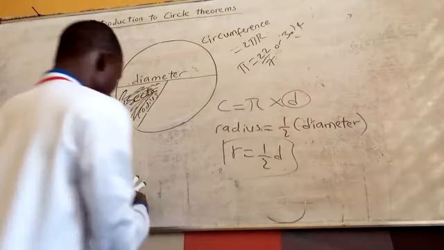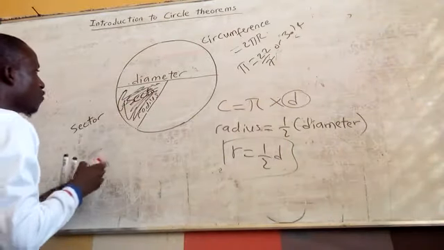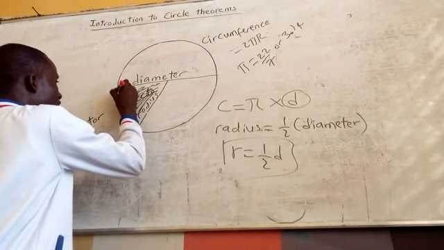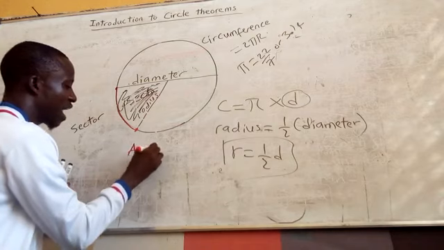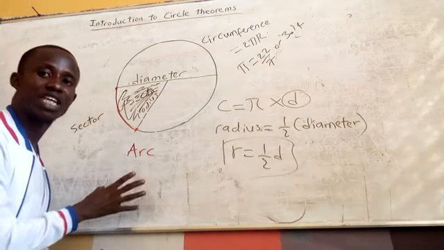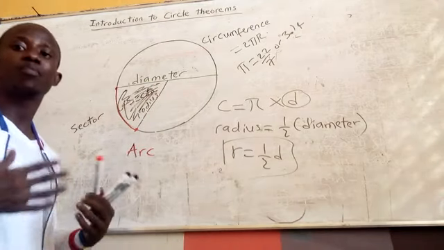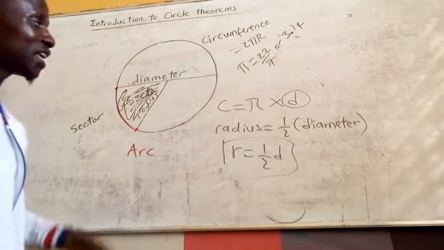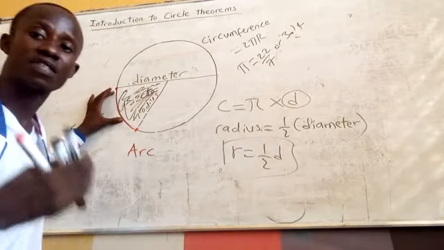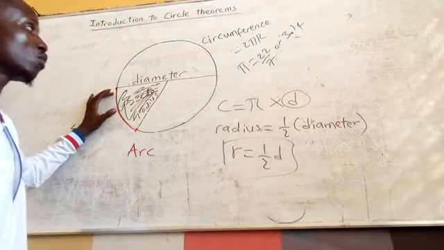The small part of the circumference here, from here all the way here, is referred to as an arc. An arc just refers to the portion of the circumference of the circle.